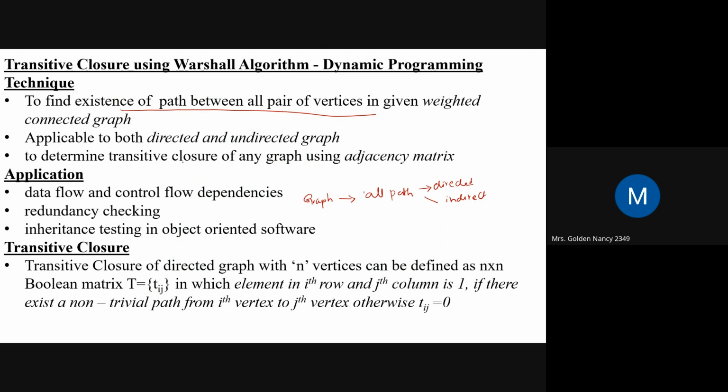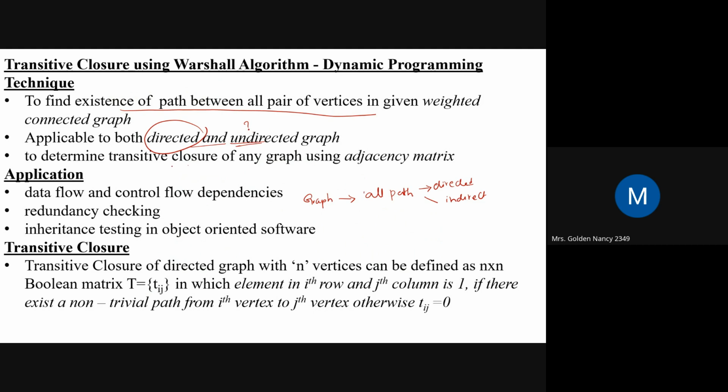It is applicable to both directed and undirected graphs. Usually you will have a directed graph only. If there is an undirected graph, then you have to go in both directions. I'll tell you at the end how to solve for an undirected graph.